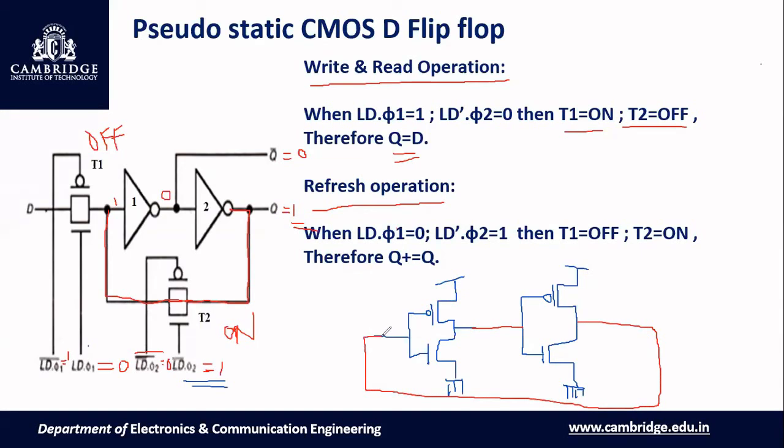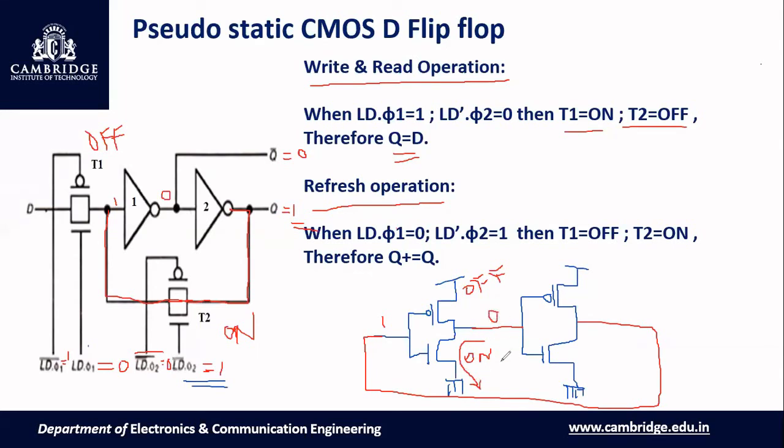We have done here. Here I'm giving 1. When I give 1, the NMOS transistor will be on and PMOS will be off. So whatever charge you have in this output capacitor will be discharged. Therefore, you'll get 0 here.